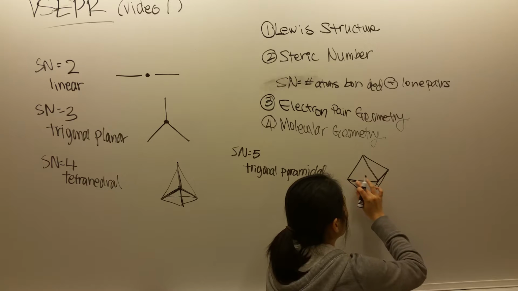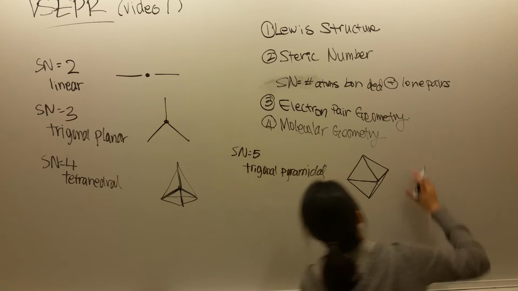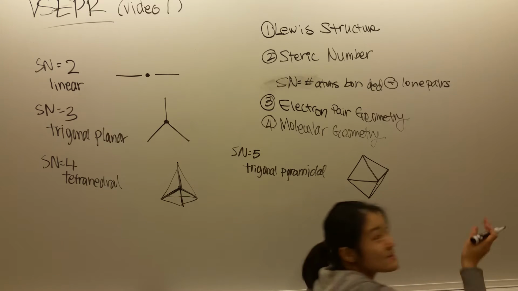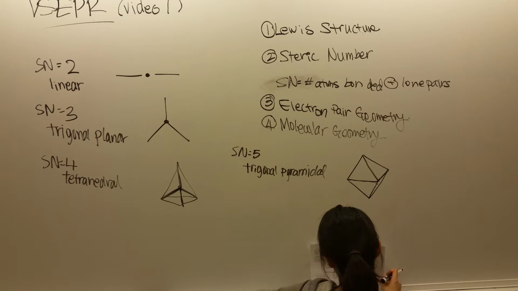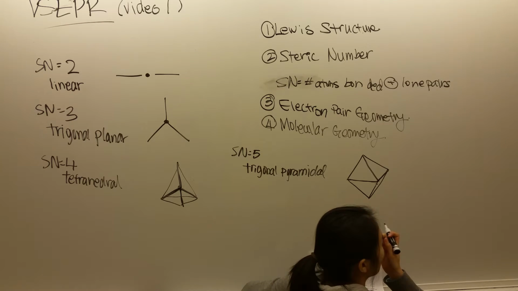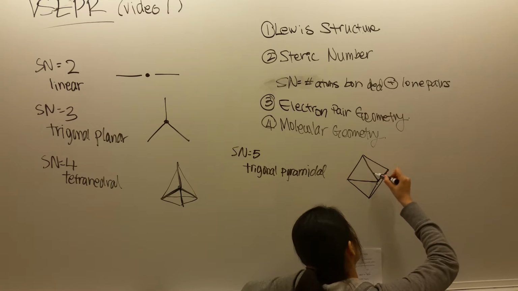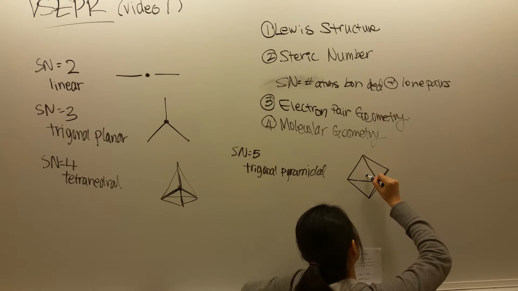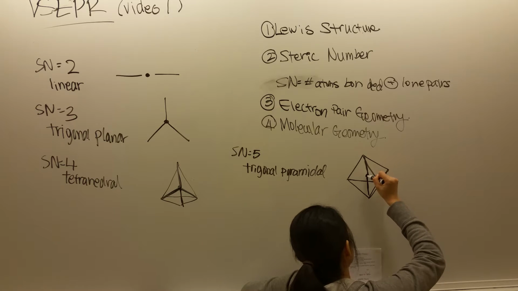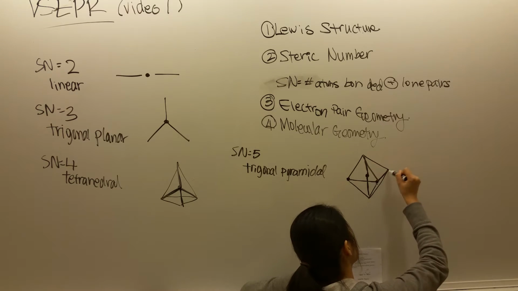And you look at it. But then this is just the overall, hey, this is kind of how it looks. But the actual molecular geometry, the molecular shape of it, is that you have the central atom in the middle, and then you have electron densities pointing straight up and pointing straight down, and then you have electron densities at each of these little vertices.